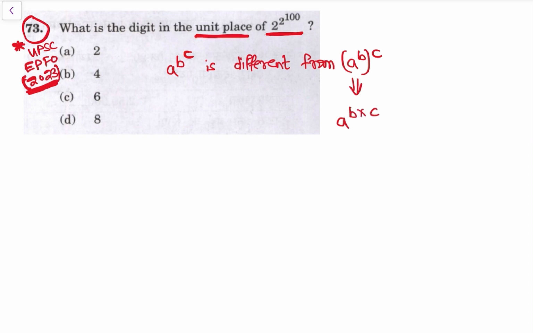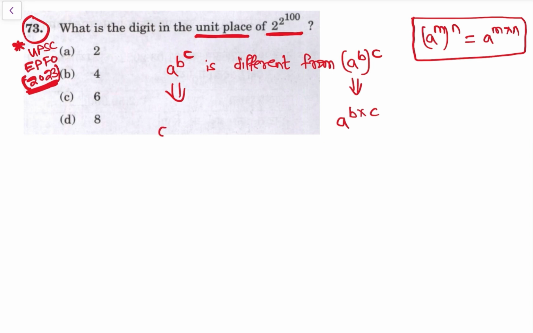This is the expression. In surds we study that a to the power m in brackets to the power n is equal to a to the power m into n. So this is the formula, and by using this we are writing it. But this one is a to the power b to the power c, so b has the power c.